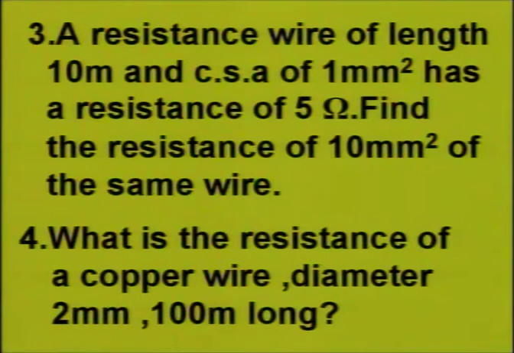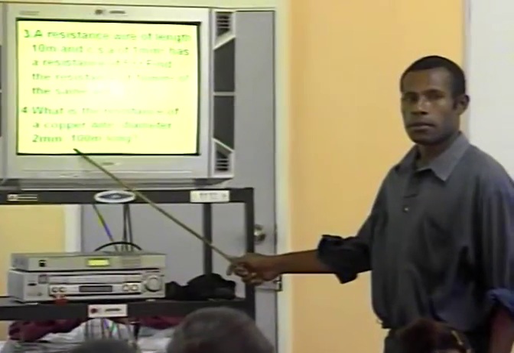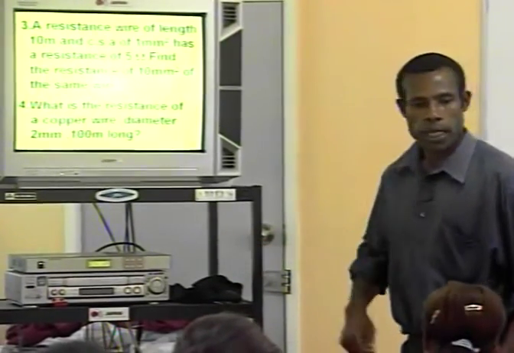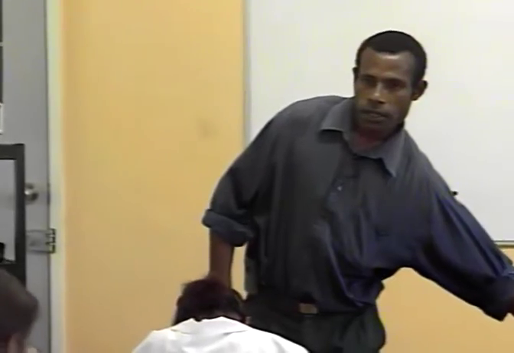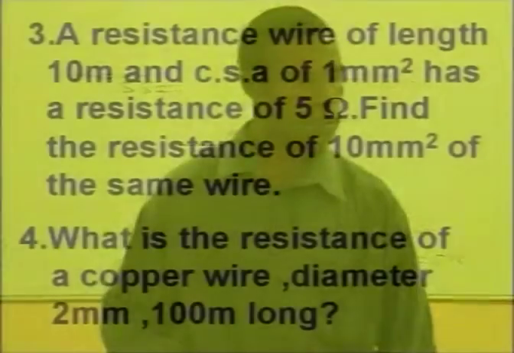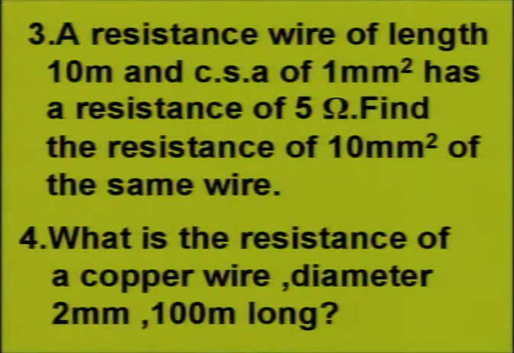That is especially for this. You know that copper wire has a certain resistivity, and then using that, you can put that into the equation, which is resistance equals to resistivity times length over area. You know what to do, so do that. This one is in meters, not millimeters. The length is 10 meters.